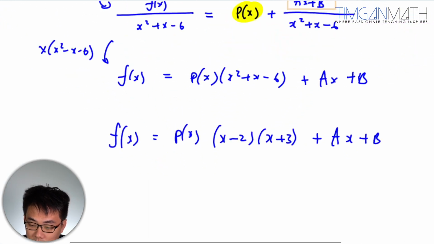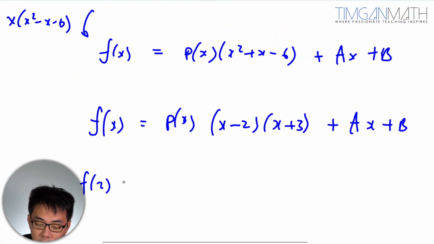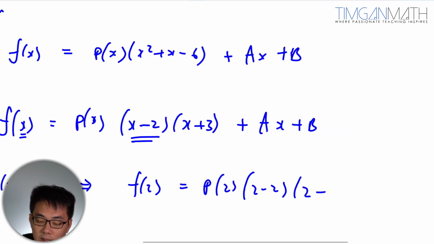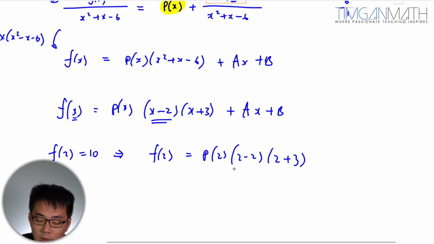Then we know that f(2) equals 10. So you just replace x as 2. So f(2) will just be p(2) times the factors, and that's the reason why this whole thing will become 0, because we don't really care what p(x) is there. Anything multiplied by 0 will just be 0.